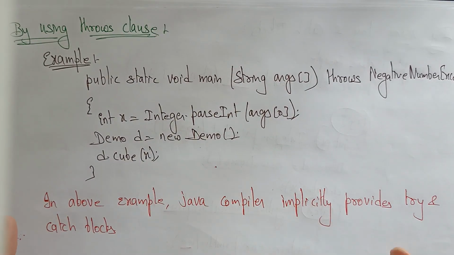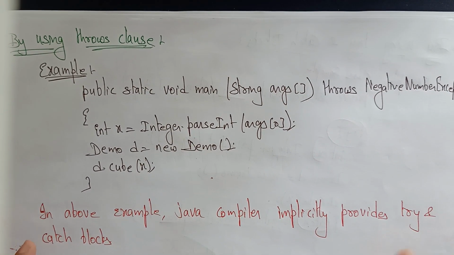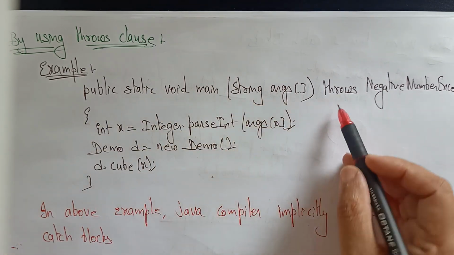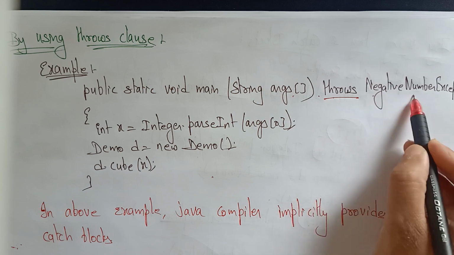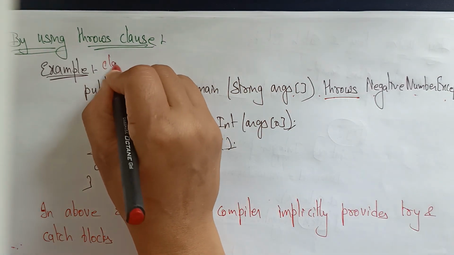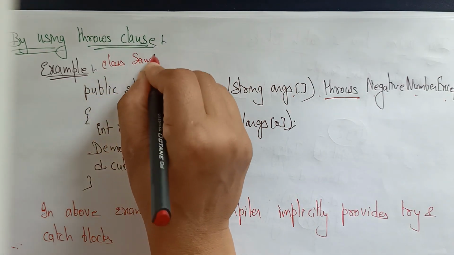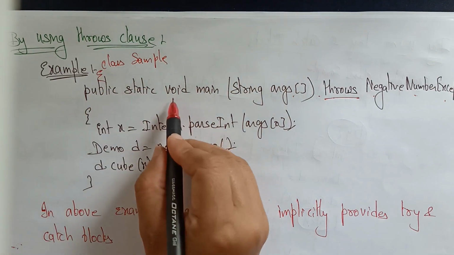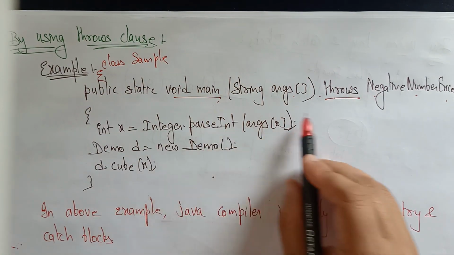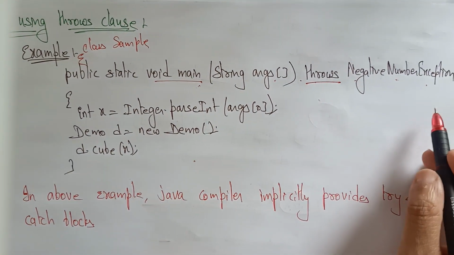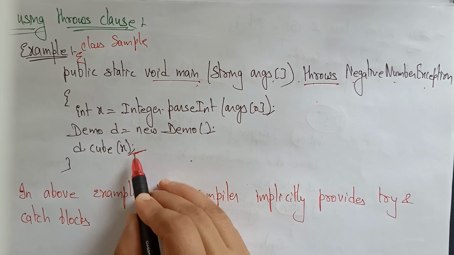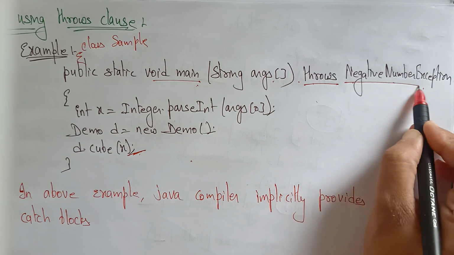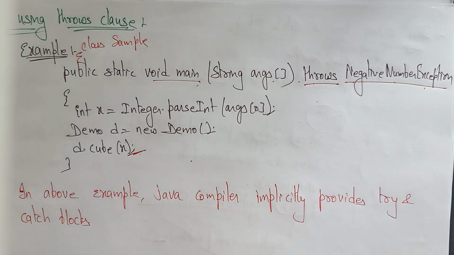This can also be handled by using throws. In the main method itself, I mention throws NegativeNumberException. The class Sample is loaded, the open brace is executed, and the main method is called. In main itself, I am mentioning the throws keyword. So whenever an exception occurs in the cube method, the controller automatically throws the negative number exception.